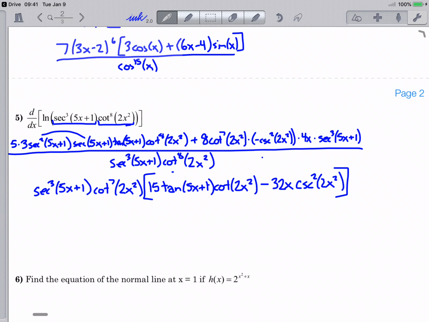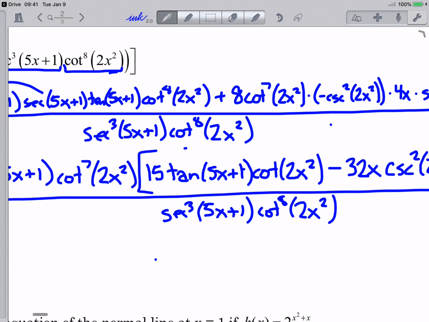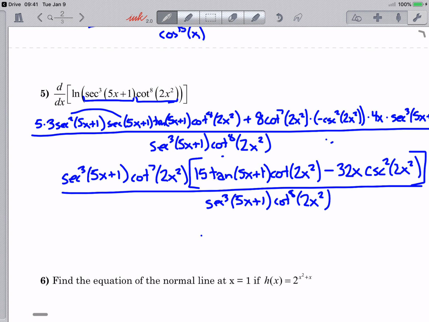And then all of this is over the secant cubed cotangent to the 8. Now, because I had 3 of them on top and I got 3 of them on bottom, those are gone.